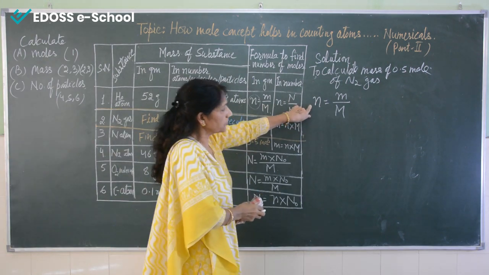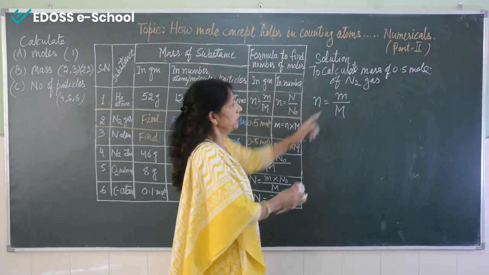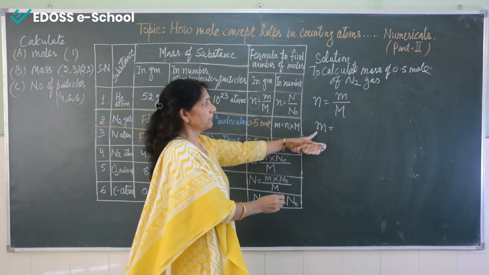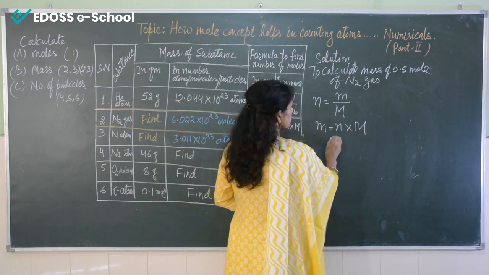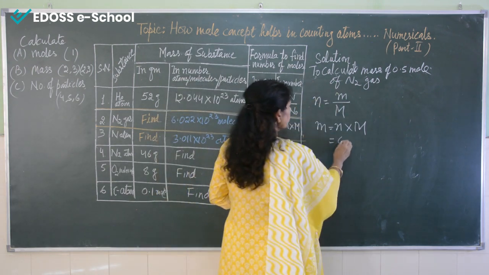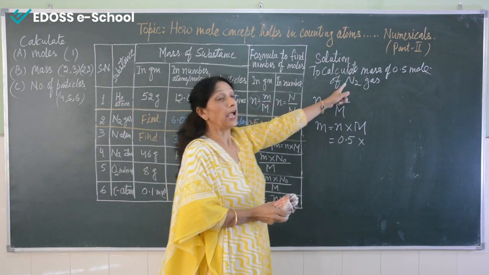Okay, now n is given to us and we have to find this small m. So m we will take here. So mass will be equal to mole into molar mass. So n is given, 0.5, and molar mass, now it is N2.